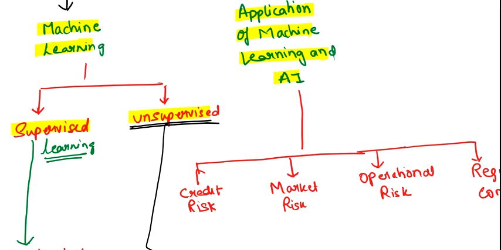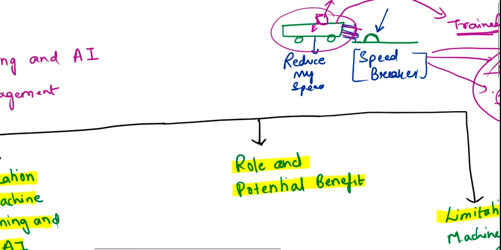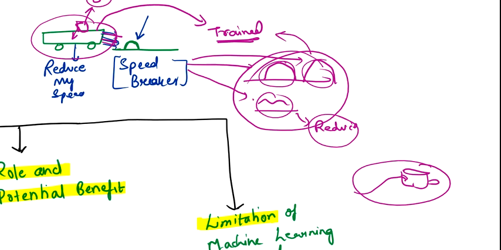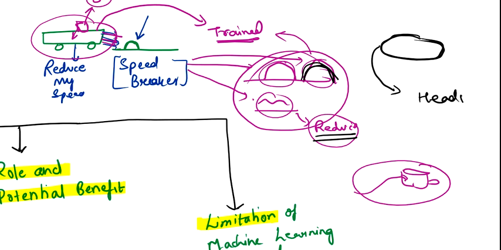Because the learning is not provided in such a way. In supervised learning you have given this: if you find this, you have to reduce the speed. Clear? But if there is something uncertain which you haven't expected, the car will capture that data and transfer it to the head office.